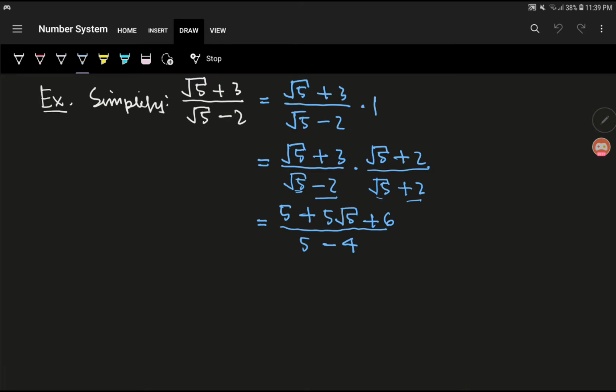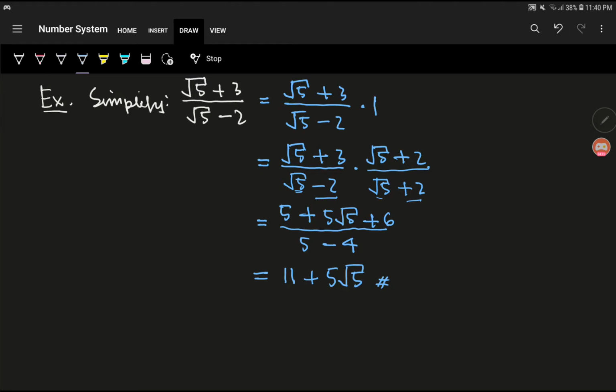Now the denominator is 1, so we don't need to write the denominator anymore. So our answer is 11 plus 5 surd 5.